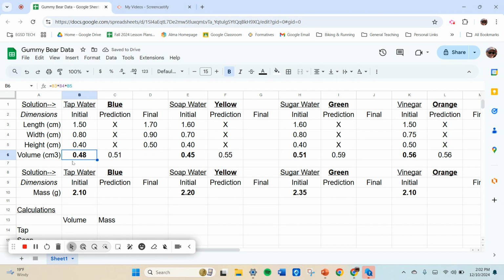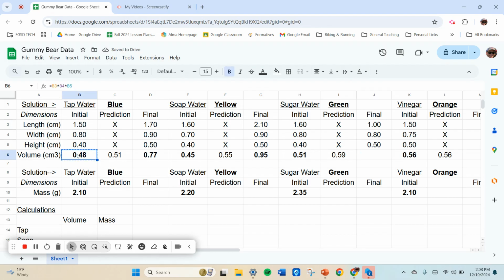Go back to my original B3, B4, B5, copy, paste. All right, 2.1, 0.9, 0.5. Copy, paste. All right, 1.8, 0.5.